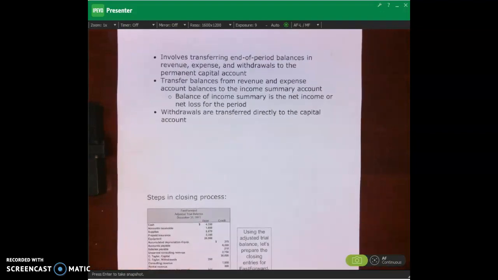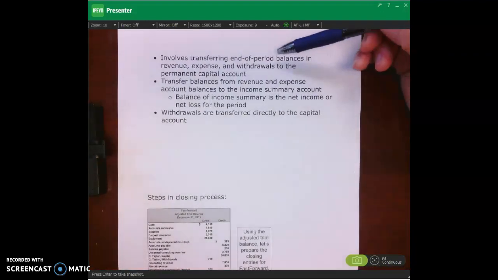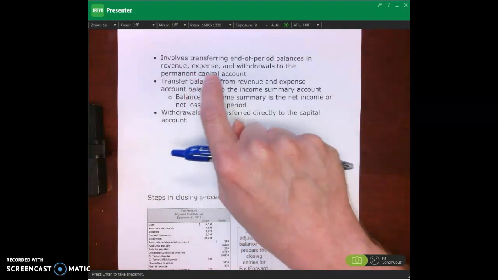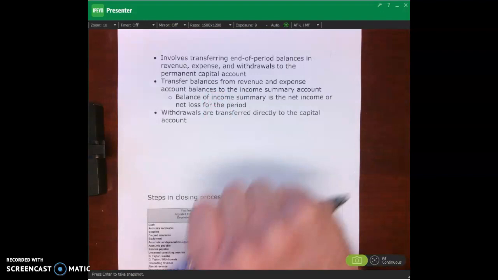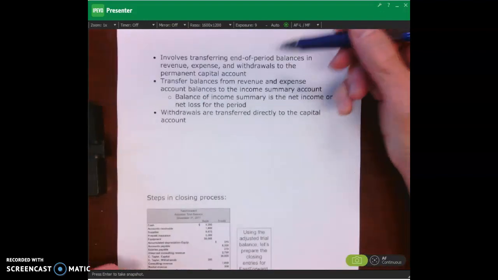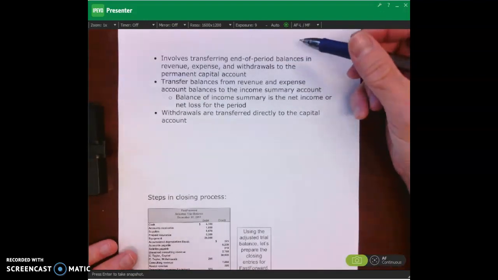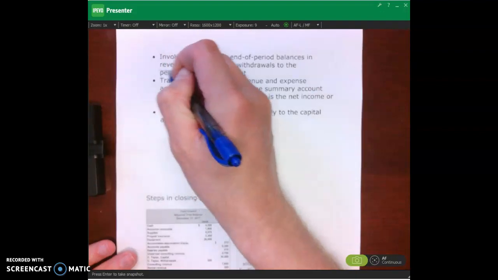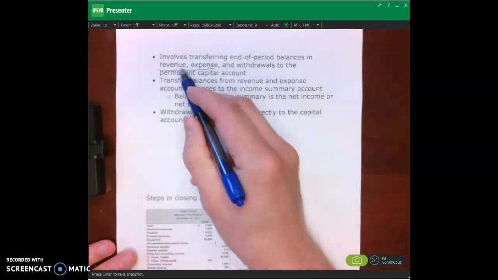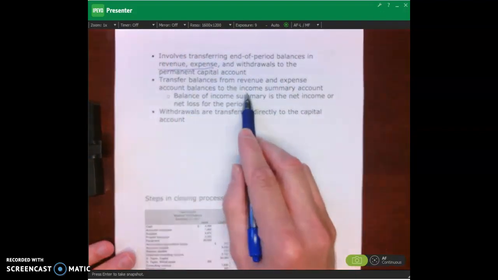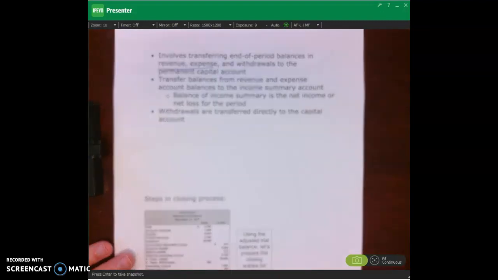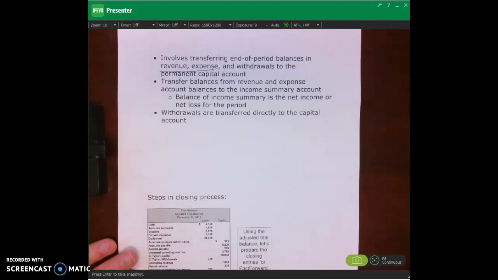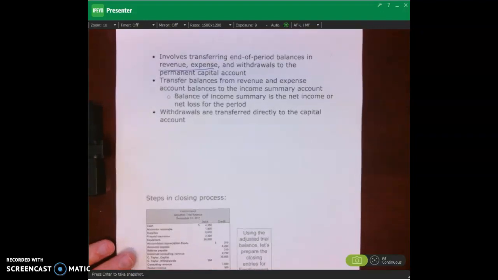What that involves is transferring the end of period balances in revenues, expenses, and withdrawals to our capital account. And for our revenues and expenses, we'll do an intermediate step. We're going to transfer our revenues and expenses to a temporary account called income summary. And we do this just because it's easier, rather than going straight to capital.